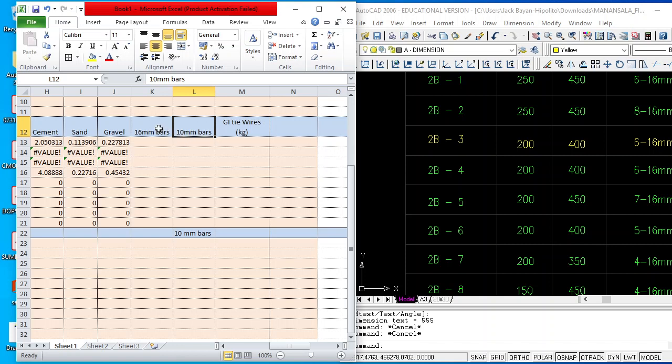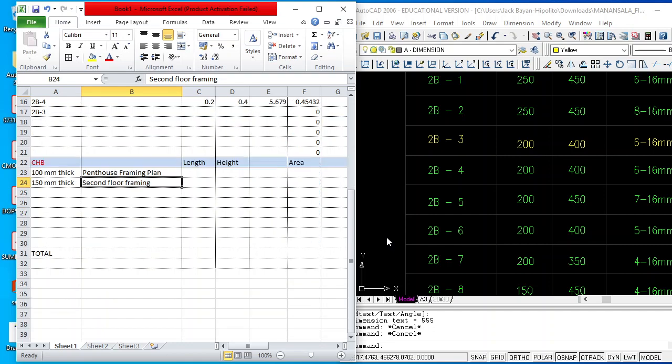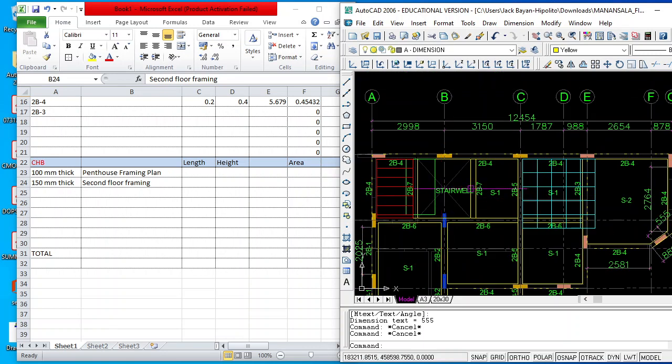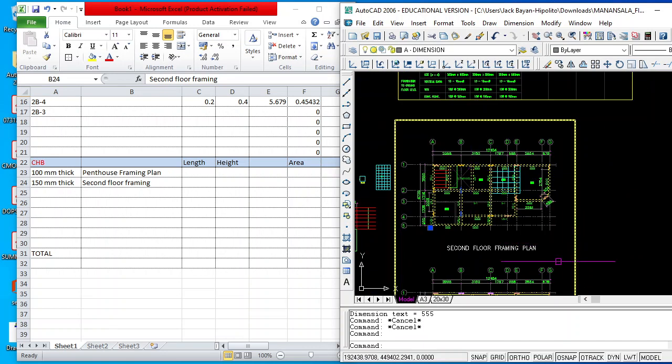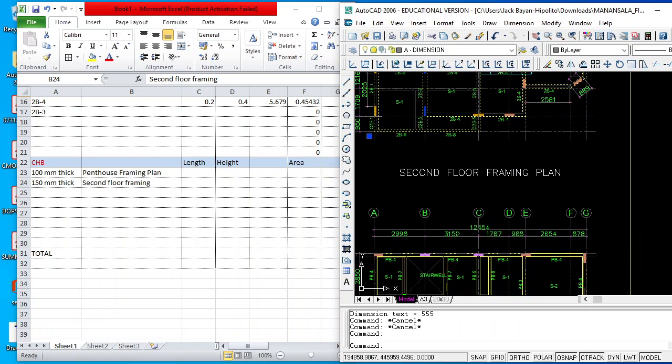If there are 12 mm bars, insert a column for 12 mm bars. Solve for your GI towers. And then you go to your CHB. As mentioned, your CHB is the area of these walls, minus the columns, same with these yellow lines. So, for now, that is what you will do.